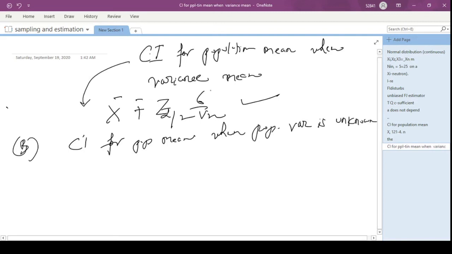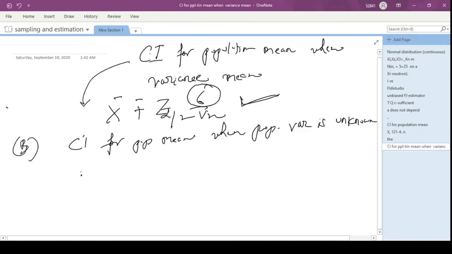Here we were using the population variance to find the confidence interval, but here we don't have the population variance with us. In that case, we will use our knowledge of the t distribution, and that is the reason I first went through the t distribution, chi-square distribution, and Fisher distribution once again before coming to this topic.